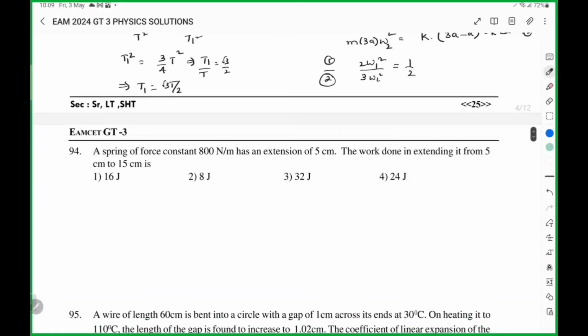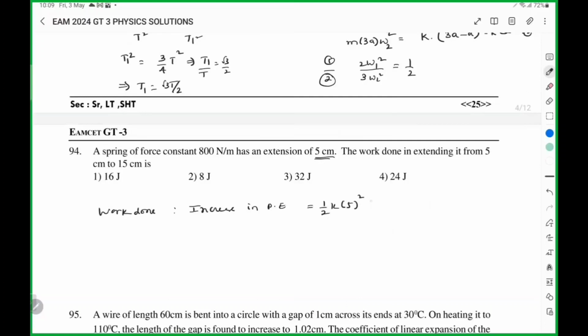Here the spring force has an extension. The work done is the increase in potential energy. Half K x square is the energy stored in a spring.